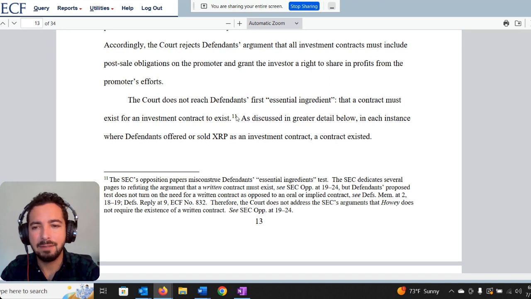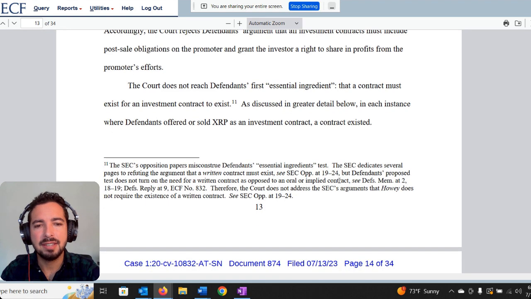And there's a footnote 11. "The SEC's opposition papers misconstrue defendant's essential ingredients test. The SEC dedicates several pages to refuting the argument that a written contract must exist, but the defendant's proposed test does not turn on the need for a written contract as opposed to an oral or an implied contract." So okay, what that means is you can have a contract that is not in writing.